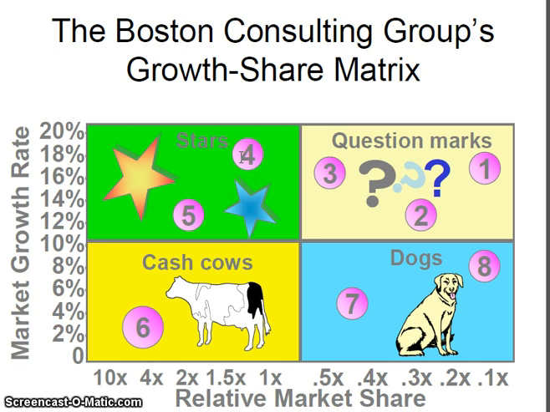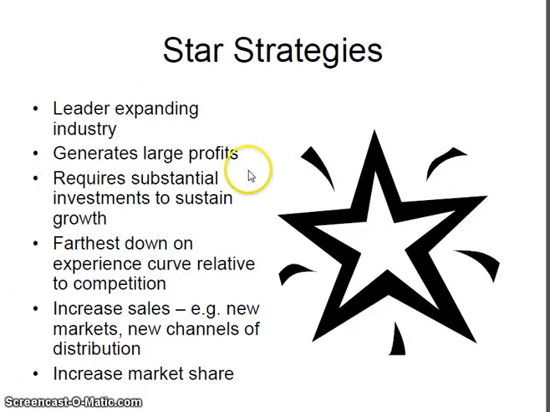Stars are having high growth rate and high market share. High growth rate means future growth opportunities are very high. At present also we have high market share, so in the future the business will grow and it is going to be a star.